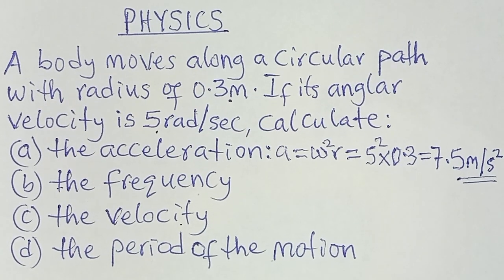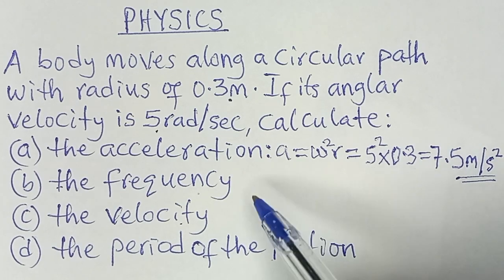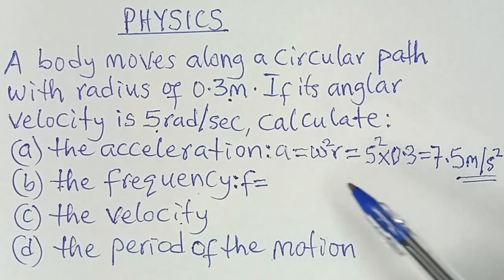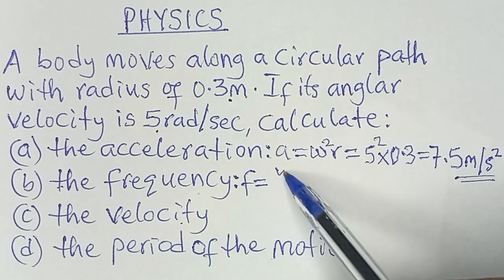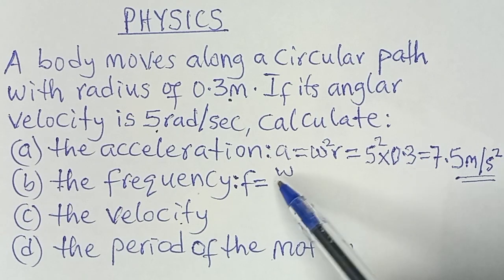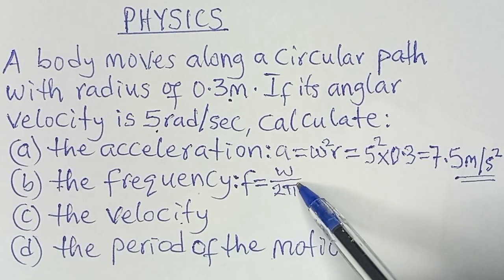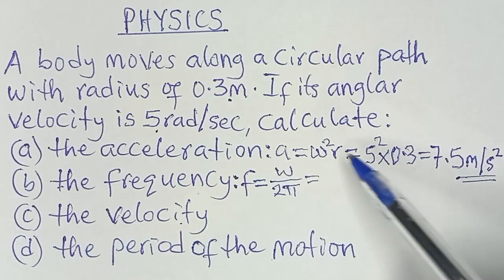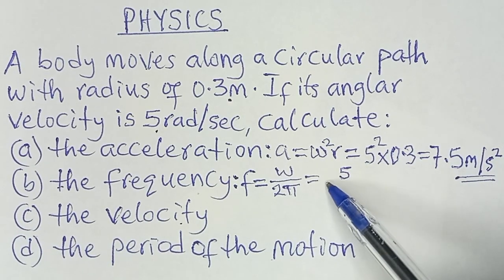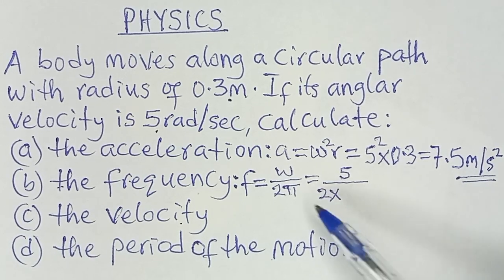Now, I would like us to move on to the frequency. The formula for frequency, f, is equal to omega all over 2 pi. That will be equal to the value of omega we know as 5, all divided by 2 multiplied by the value of pi.